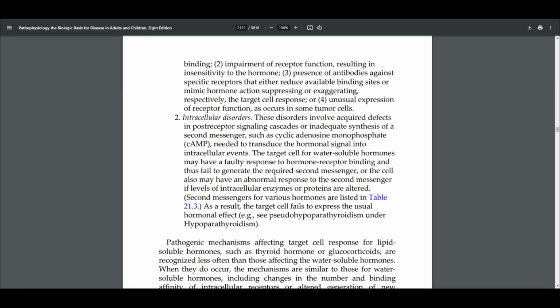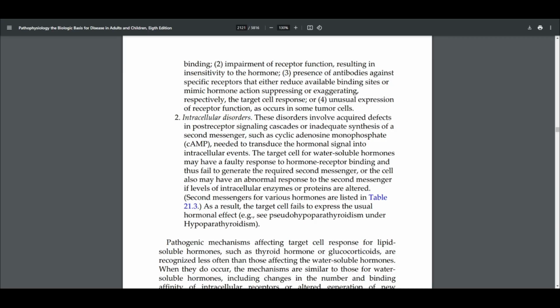Intracellular disorders. These disorders involve acquired feedback or defects in post-receptor signaling cascades or inadequate synthesis of a second messenger, such as cyclic adenosine monophosphate, your cAMP, needed to transduce the hormonal signal into intracellular events.